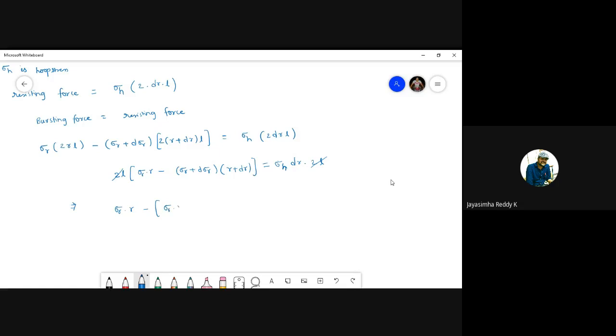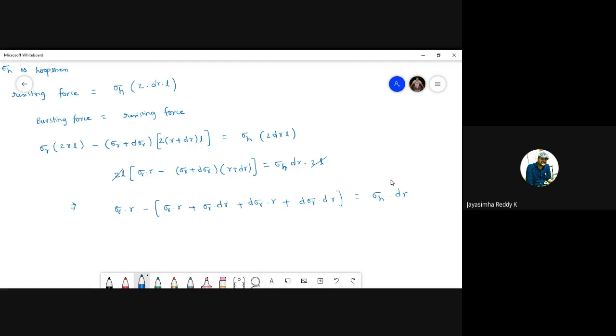Sigma R into R plus sigma R into dr plus d sigma R into R plus d sigma R into dr, is equal to sigma H into dr.